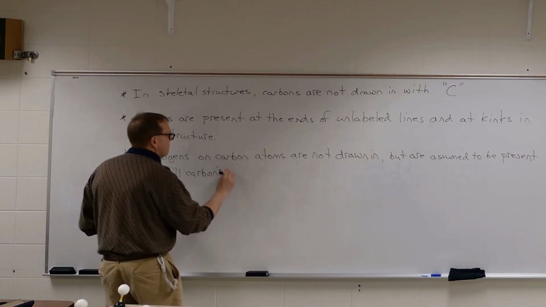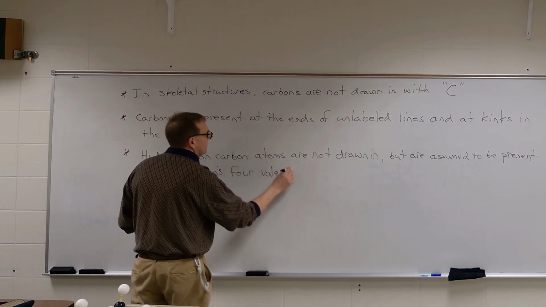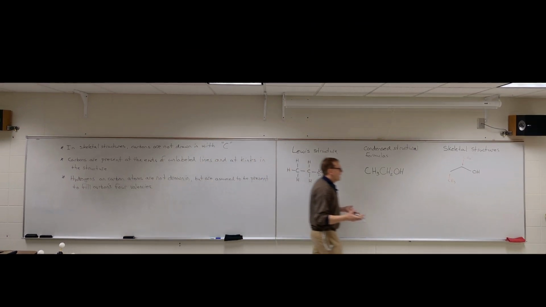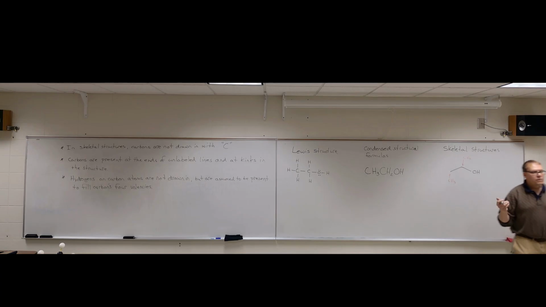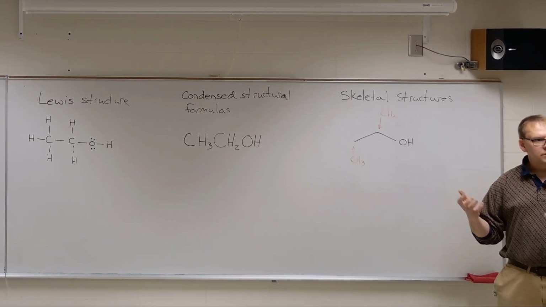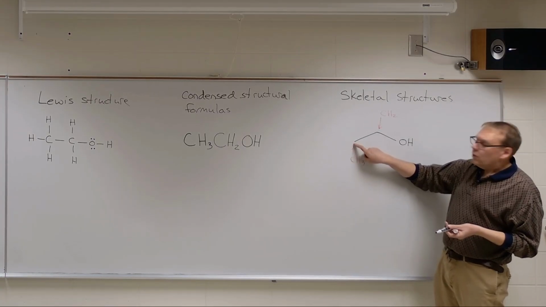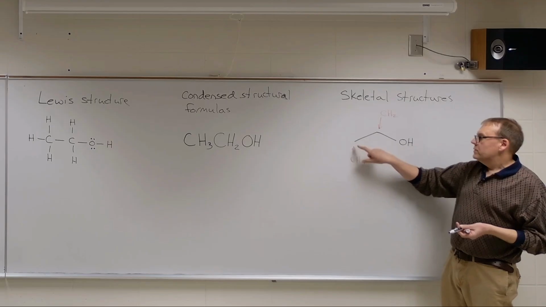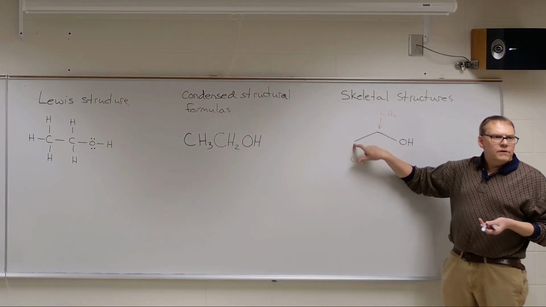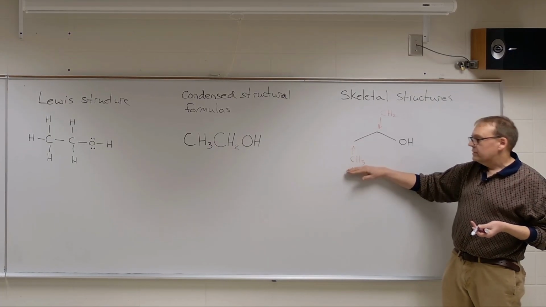In other words, carbon needs to have 4 things around it. And if you know where the carbons are and where the other atoms are, then you can figure out the rest of the hydrogens just by counting and figuring out how many you need to get to 4. So in other words, this carbon right there is shown bonding to one other carbon. So one of its valencies is obviously to another carbon. We're not seeing anything else, so we have to assume that the other 3 things are hydrogens. That's how you can know it's a CH3.